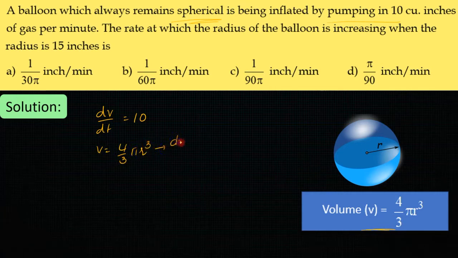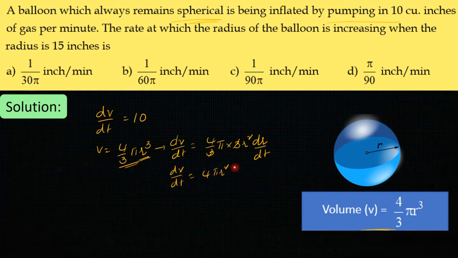From this, dV by dt is equal to, that is, differentiating V with respect to t, we get here 4 by 3 pi is constant. Differentiation of r cube with respect to t is 3 into r square dr by dt. Here 3 gets cancelled. dV by dt is equal to 4 pi r square into dr by dt.